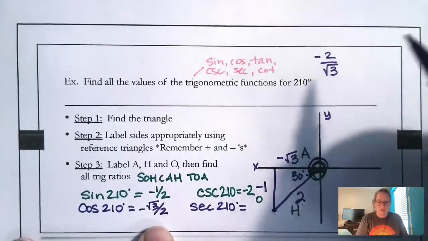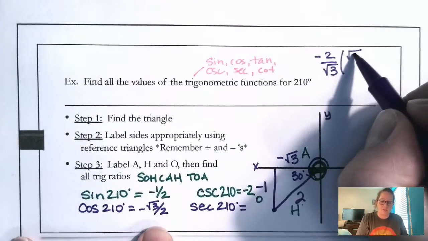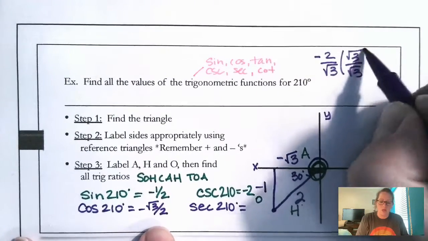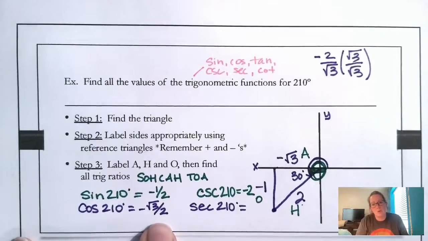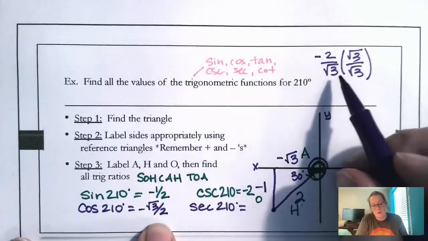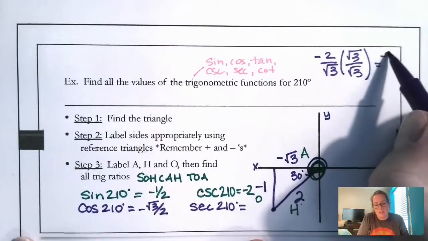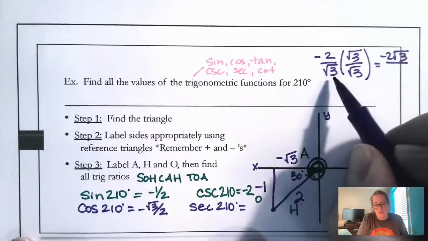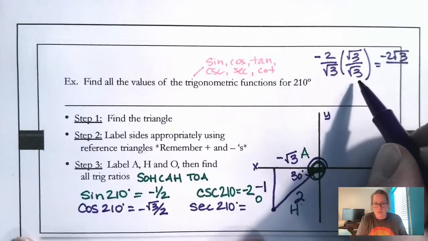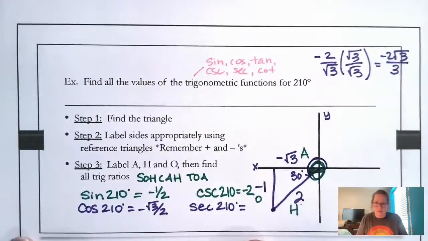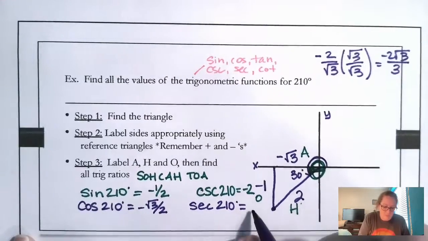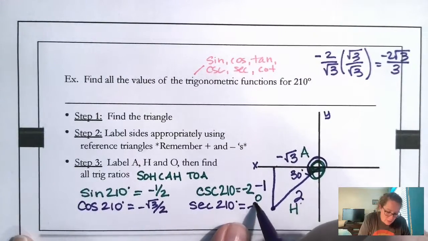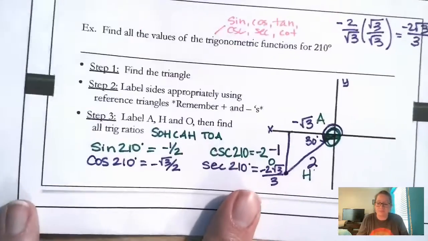I can't have a radical on the bottom. So like in the directions, it says rationalize when possible. So you'd have to multiply by root 3 over root 3 to get rid of the square root in the bottom. So we would get negative 2 square root of 3. Root 3 times root 3 is root 9, which simplifies down to 3. So the secant is that whole thing, negative 2 root 3 over 3.